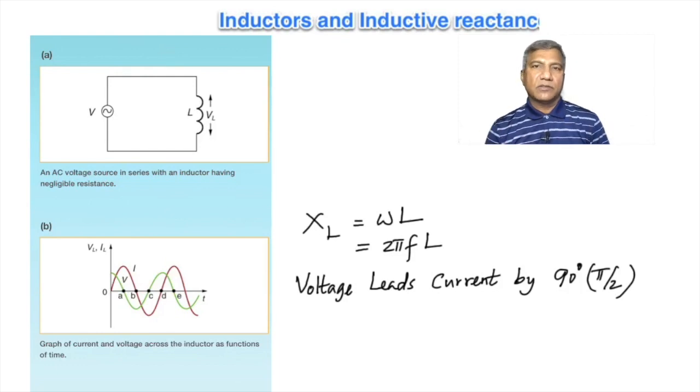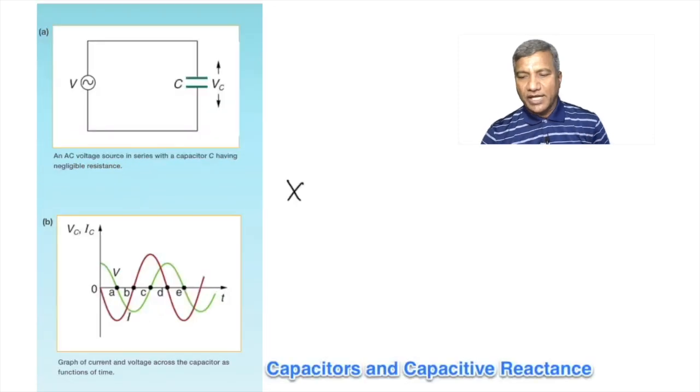And this inductor is going to oppose the flow of current. The opposition to the flow of current by an inductor is called a reactance. Instead of a resistance, we use the word reactance. Now, specifically, this is called inductive reactance.